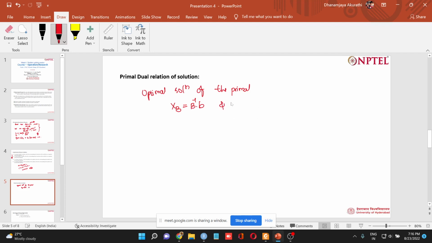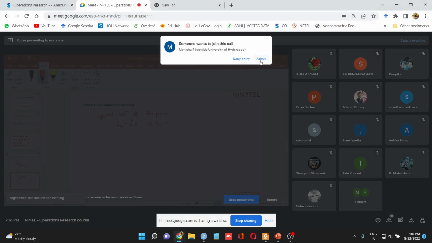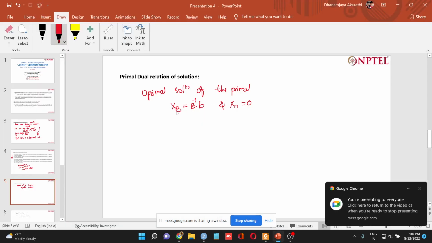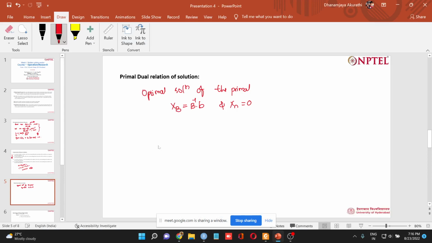And the corresponding decision variables xN, that is, any variables other than the basic ones, are 0. This is the optimal solution of the primal.